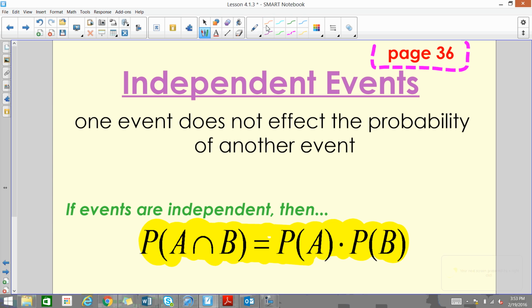The probability of A intersecting B, so the probability of A and B occurring at the exact same time, is equivalent to the probability of A times the probability of B. So you multiply those together. If that is true, that the probability of A intersecting B and the probability of these two being multiplied together are equal, that tells me our two events, A and B, are independent.